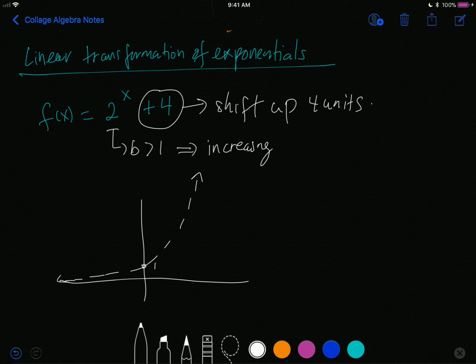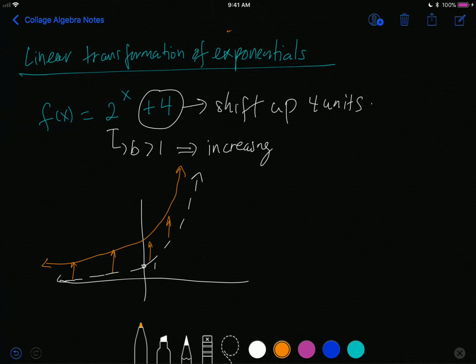It has a horizontal asymptote along the x-axis, which is kind of hard to draw, that's why I'm scratching it in there. And if I take this graph and shift it up 4 units, I will get a new graph that looks exactly the same, but is now 4 units higher.